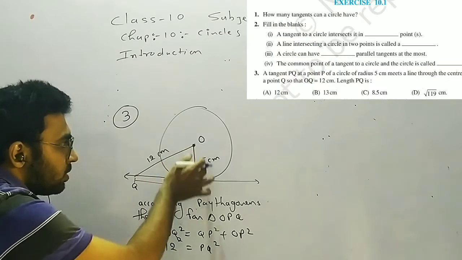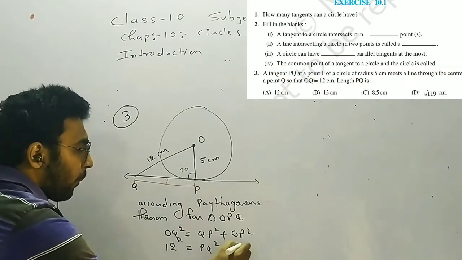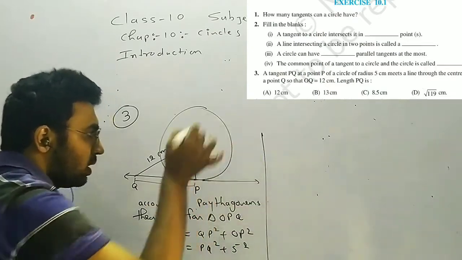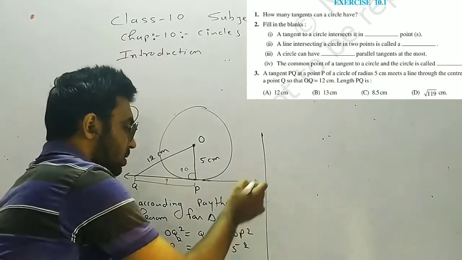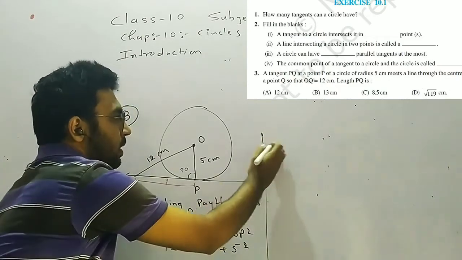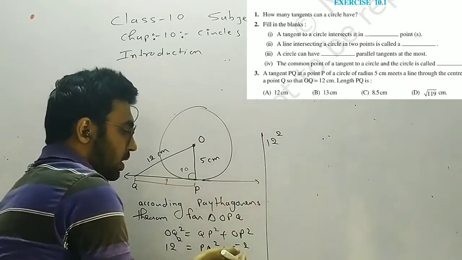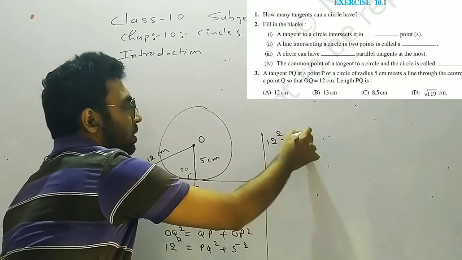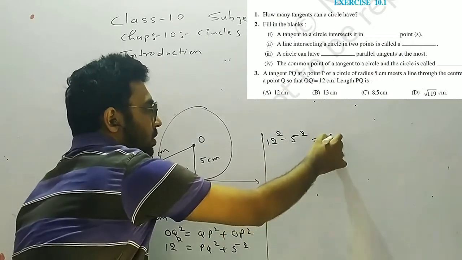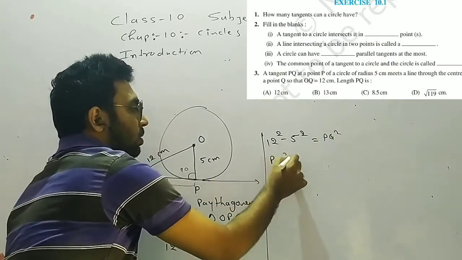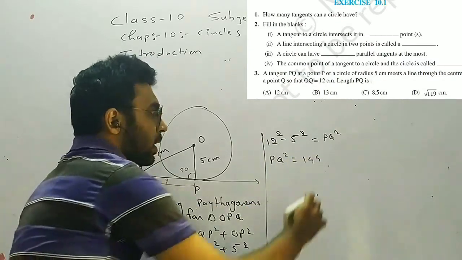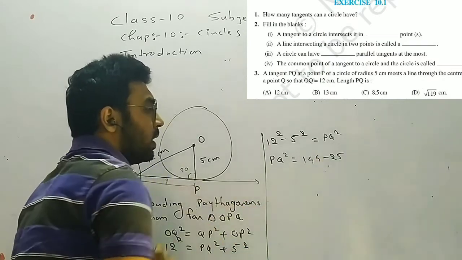What is OP? 5. So 12 square equals 5 square plus PQ square. 12 square means 144, and 5 square means 25.